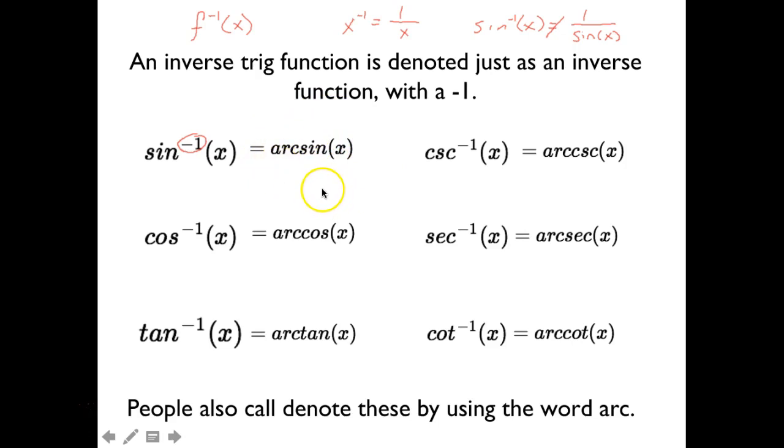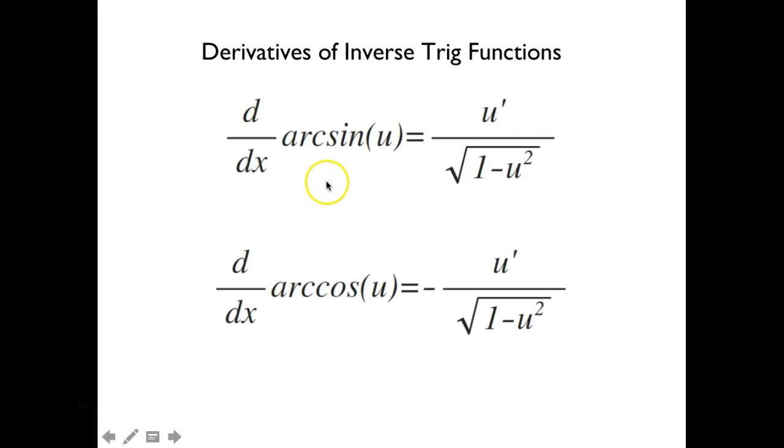Okay, let's go forward. On these derivatives of inverse functions, you're just going to need to memorize how to do each one of these. The thing on the inside you're going to rename as u, and then on the top, you're going to have u prime over the square root of 1 minus u squared.